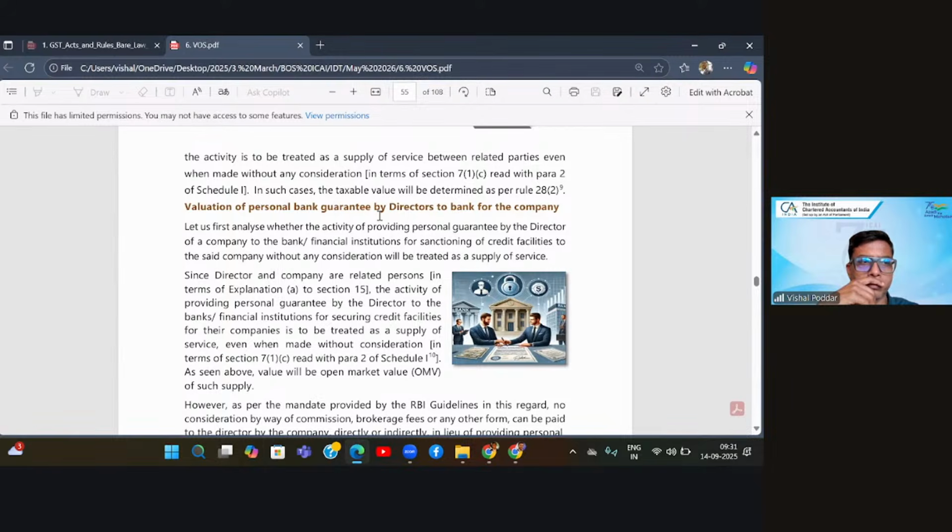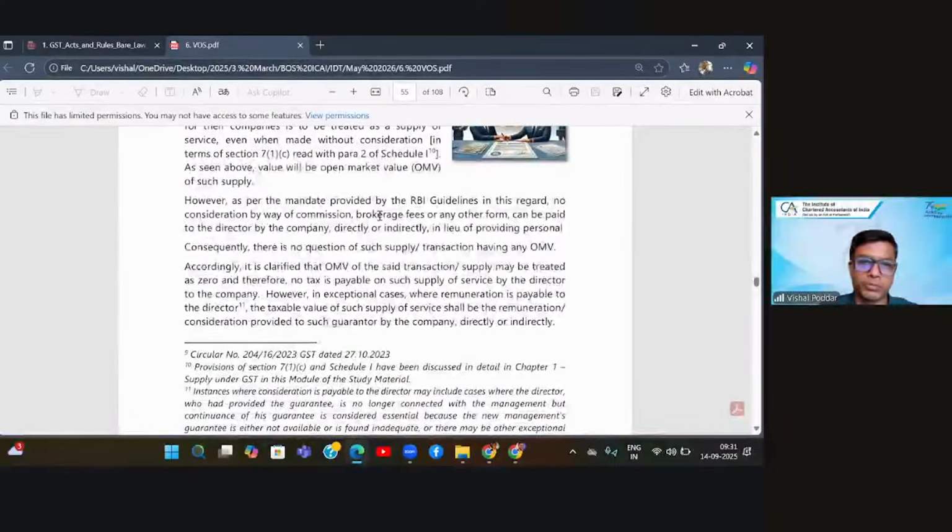However, as per the mandate provided by the RBI guidelines in this regard, no consideration by way of commission, brokerage, fees, or any other form can be paid to the director by the company directly or indirectly in lieu of providing personal guarantee. Consequently, there is no question of such supply transaction having any open market value.